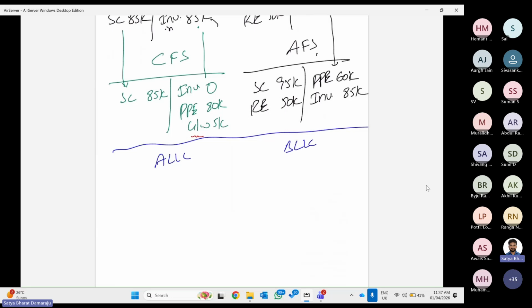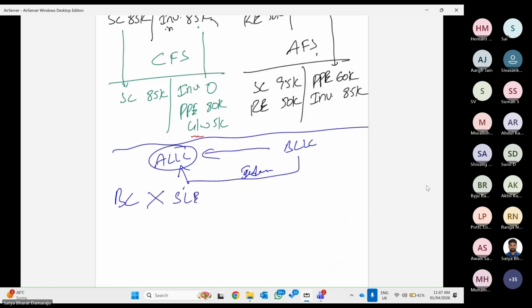ALLC is not buying the shares of BLLC, but BLLC is selling an independent business. An independent business of BLLC is sold to ALLC. So in the business combination, there is no separate legal entity acquisition, but an independent business. In such a case, yes, go ahead and show the goodwill as well.